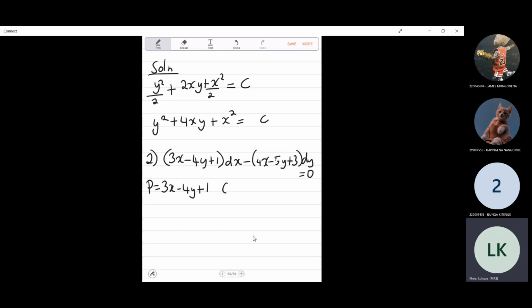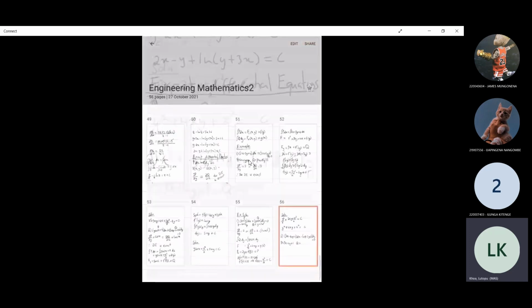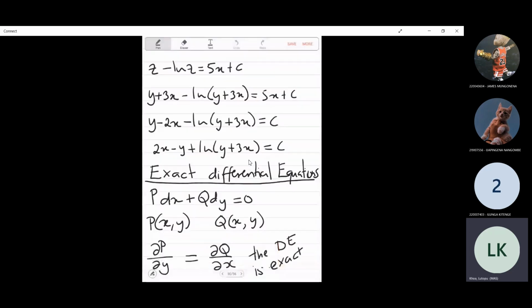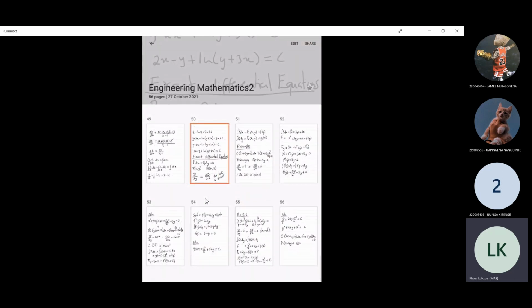And this time your q, there's a minus here. Remember, the way that we look at our exact differential equations, there must be a plus here, not a minus. So if you have a minus, that minus must be multiplied with whatever you have there to be part of the q. Okay, so be careful with that.